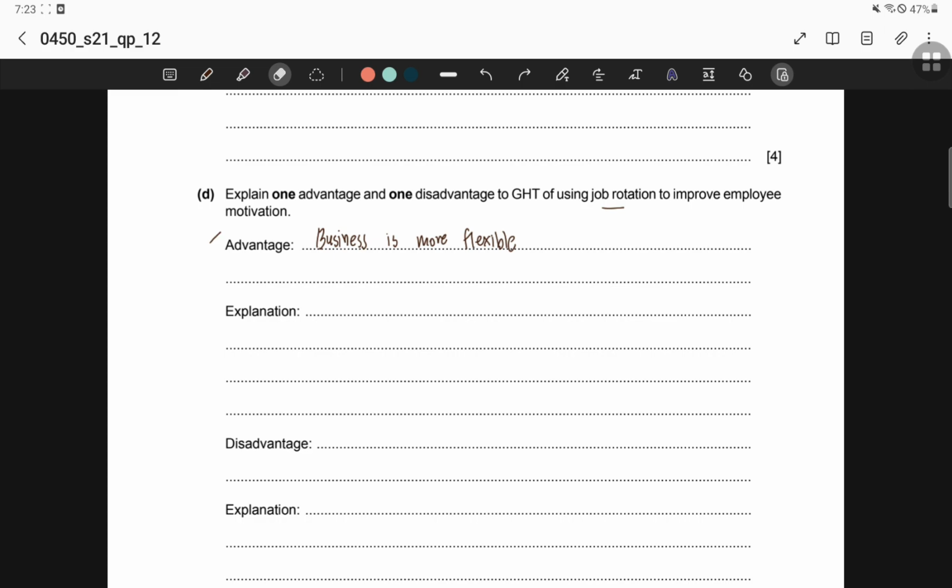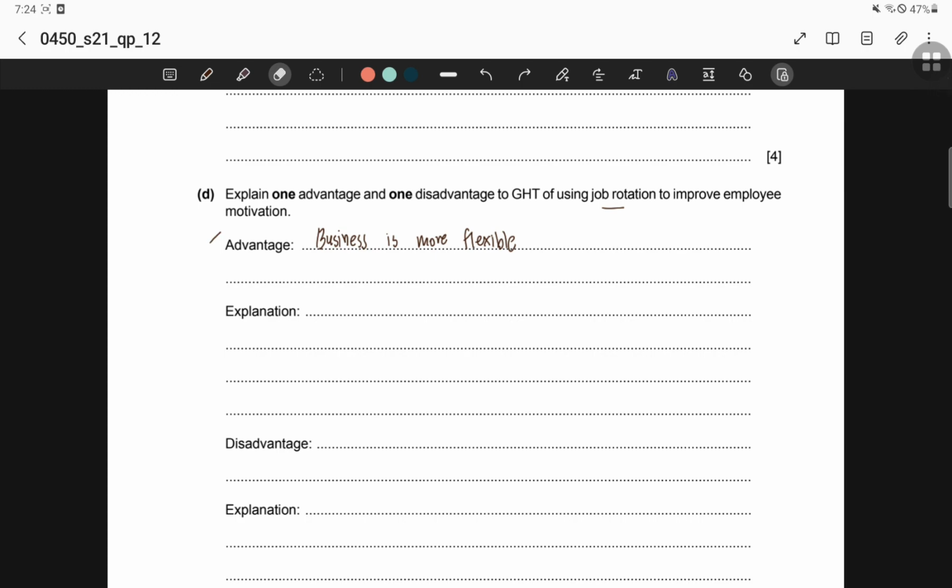So business owners or managers will use this method in order to create a more vibrant work environment. Some people mistake it for job sharing, but it's not that, it's different.